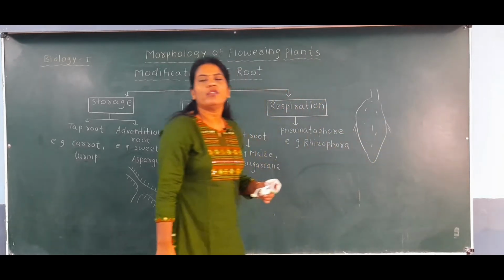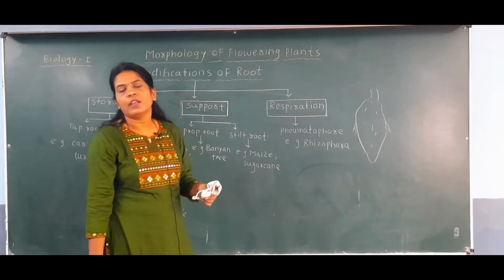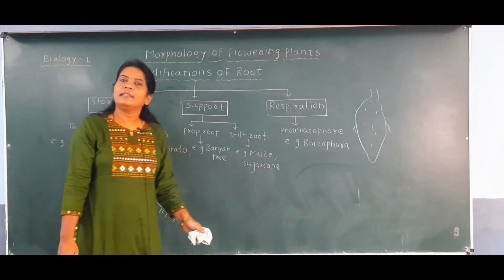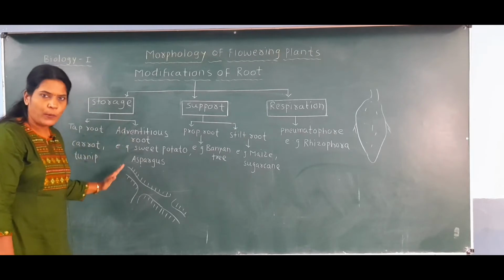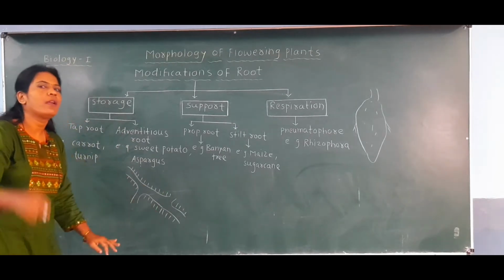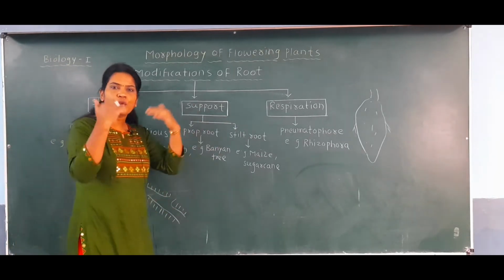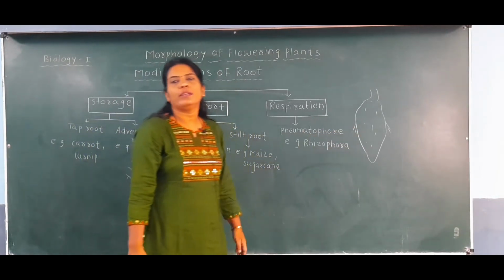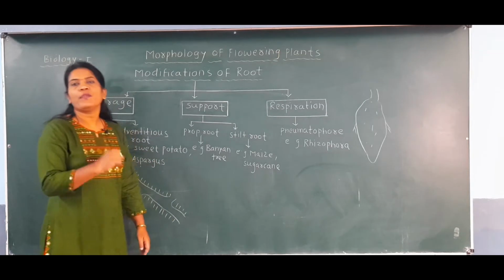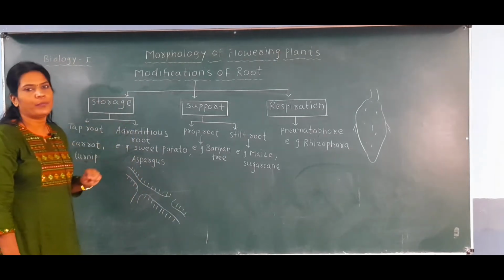So the sweet potato and the asparagus, which is a medicinal plant, are examples of the adventitious root. They do not follow the pattern of the adventitious root, but they also store food in it and become swollen, and they look like this. So it is a modification of root for the storage of food.